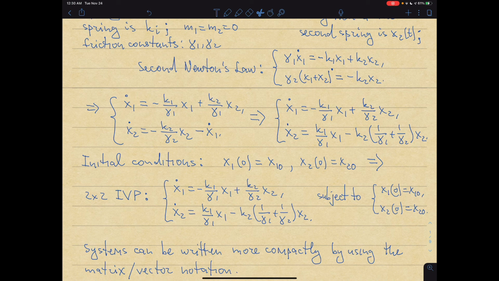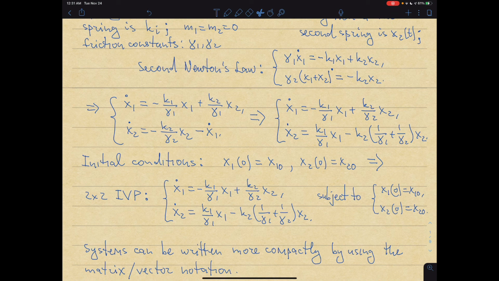And as we will see momentarily, the theory for these systems is very similar to the theory that we studied for single linear homogeneous ODEs, because I'm only going to discuss homogeneous ODEs in a sequel.